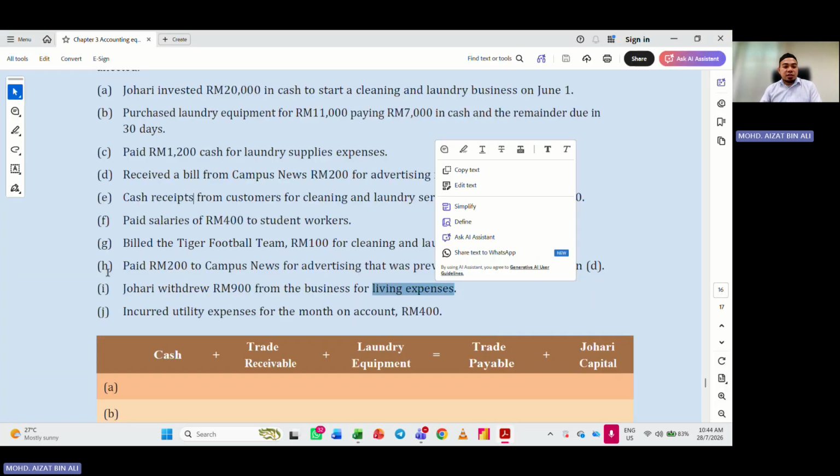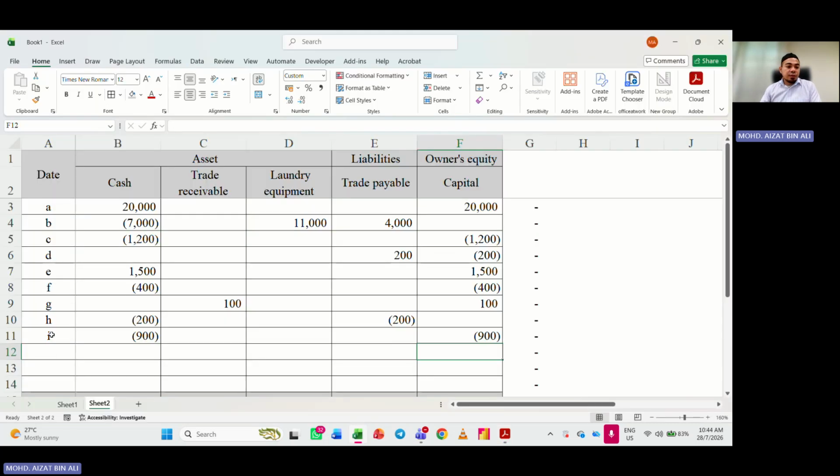Okay? Next, Johari incurred utility expenses for the month on account. What does it mean on account? On account means we haven't made the payment yet. So in this case, it will go under trade payable, and also because it is an expense, it will go under owner's equity. Trade payable increases because we haven't paid for it yet.